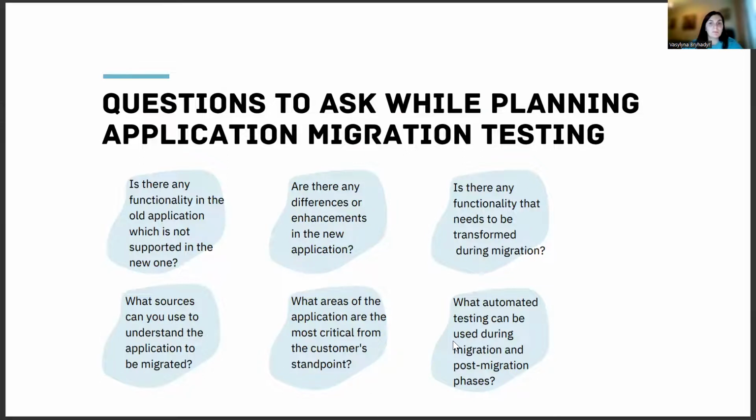Are we going to simply remove it and no longer support it in the new application? Or are we going to do some custom development or source some custom solution, just to still migrate and support these features in the new application?